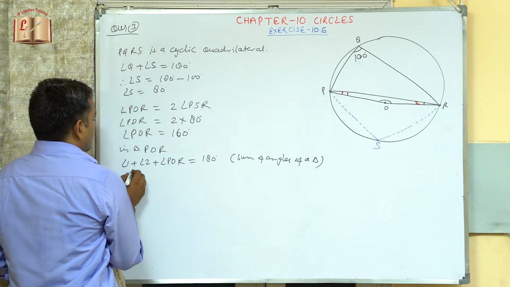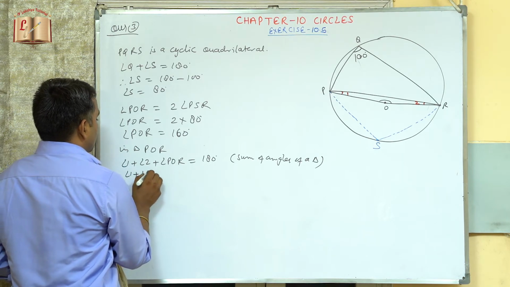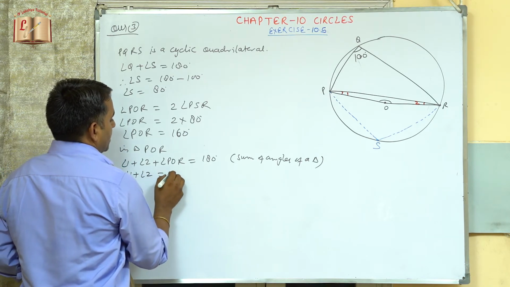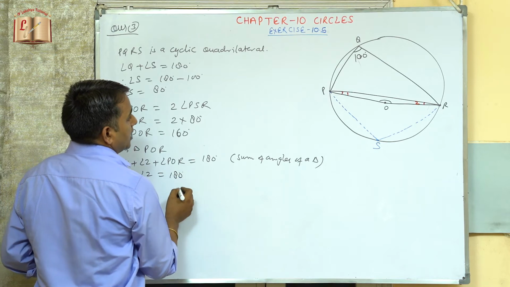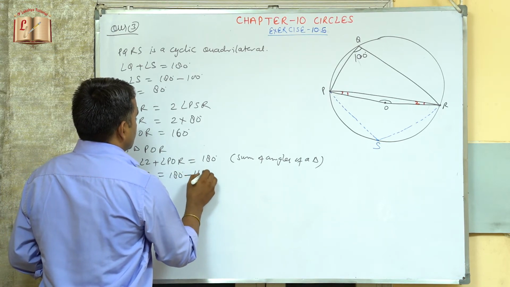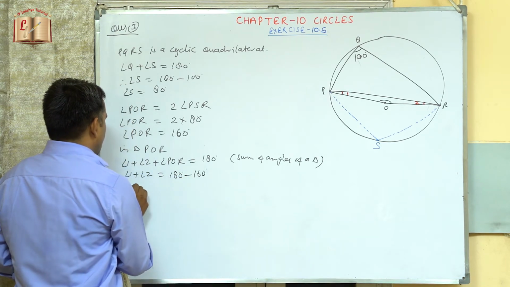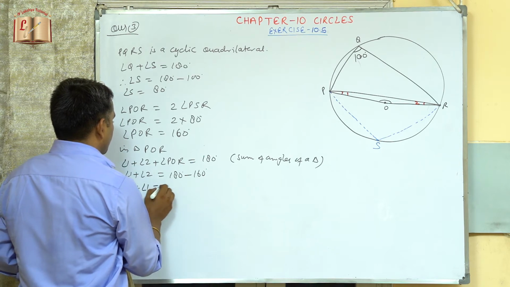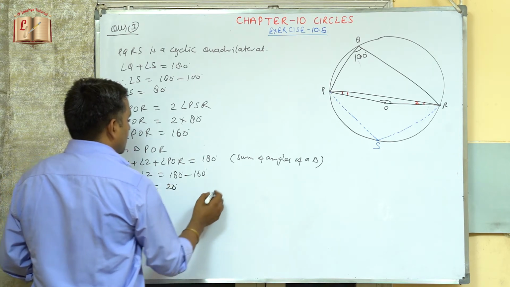So angle 1 plus angle 2 will be equal to 180 degrees minus 160 degrees, which is 20 degrees.